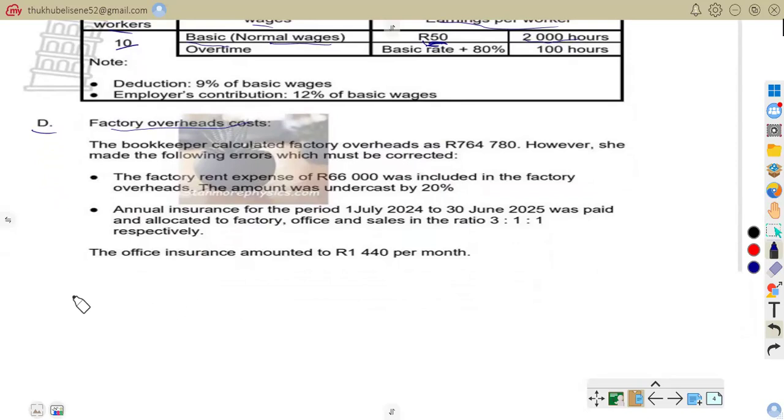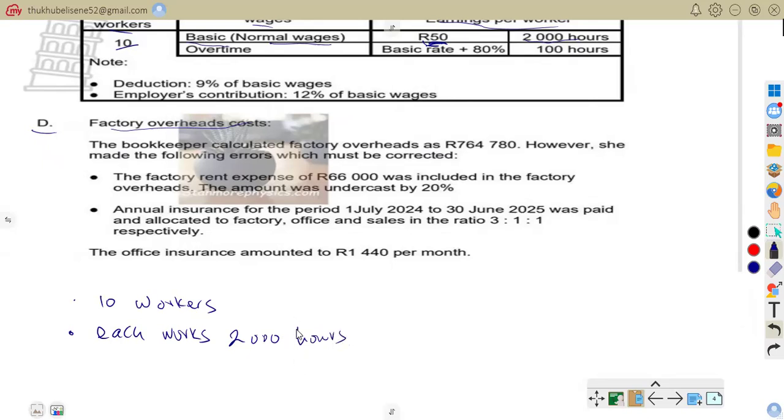We have 10 workers, and each works 2,000 hours.